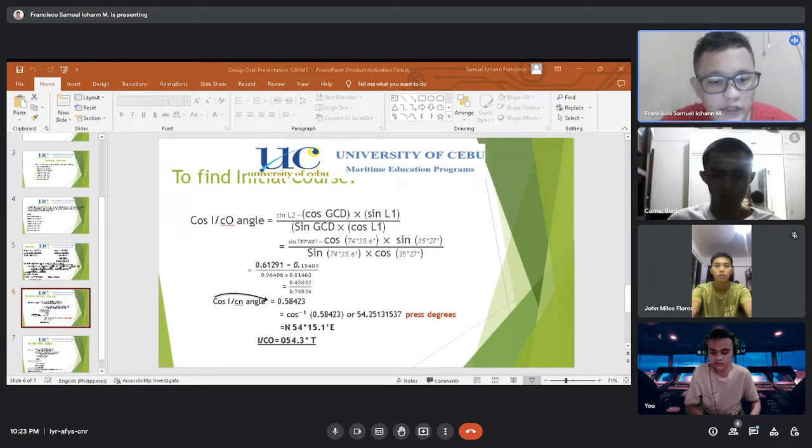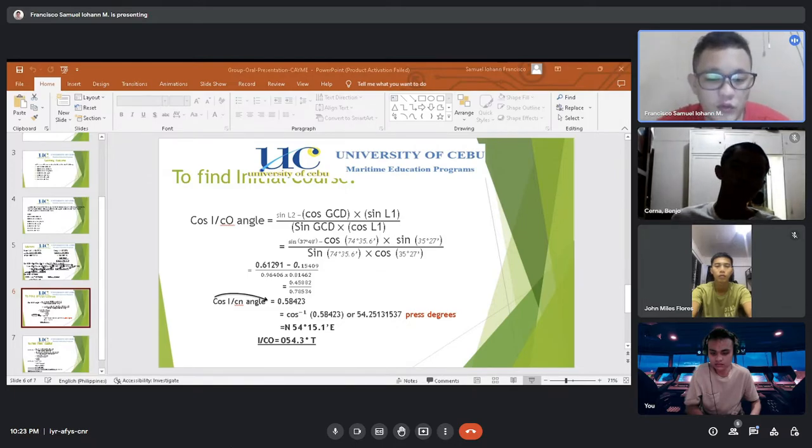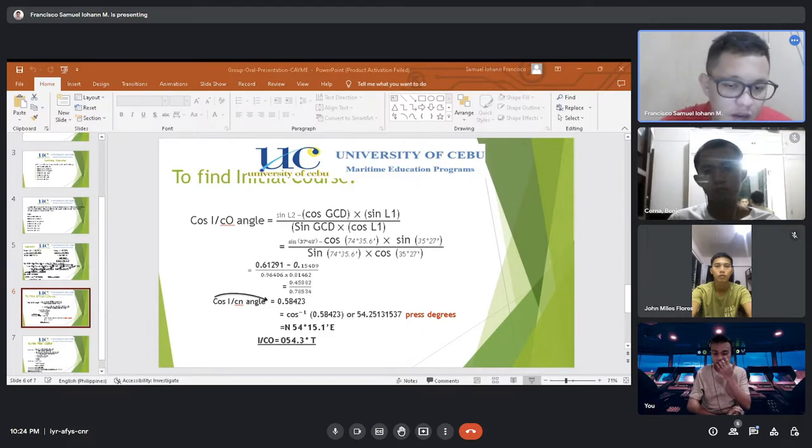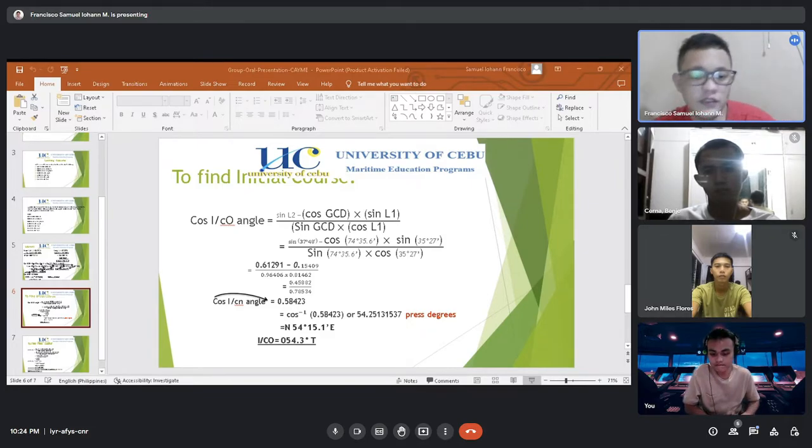So shift cosine 0.58423 is equivalent to 54.25131537. And if we press the degree in the calculator, we will have an answer of 54 degrees 15.1, and 54 is north, and then for the longitude it is east.